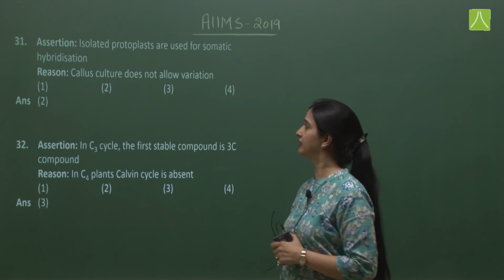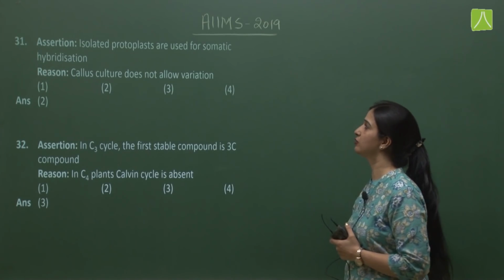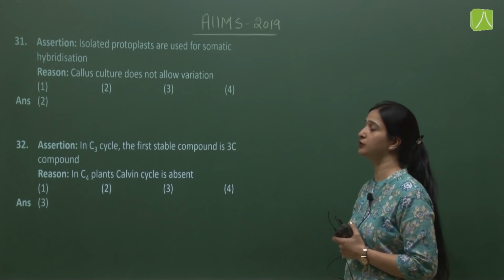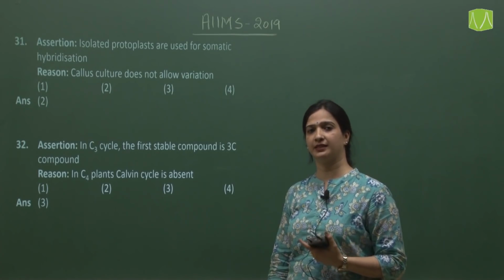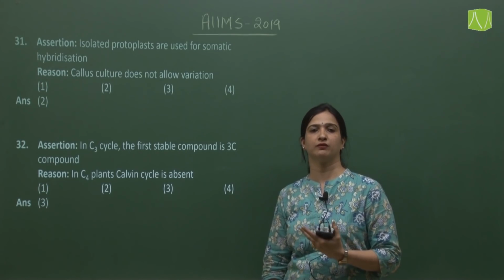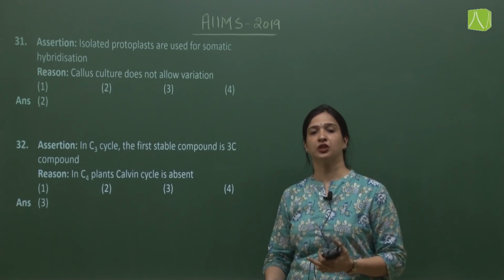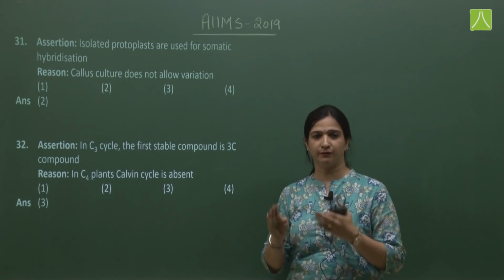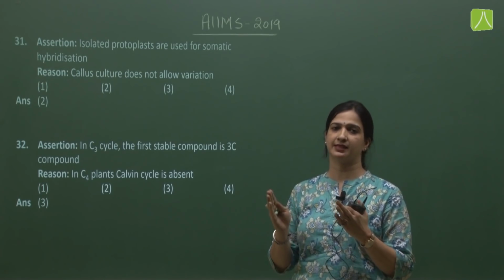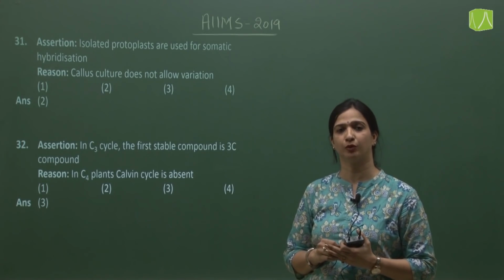Let us see question number 31. Here the assertion given is, isolated protoplasts are used for somatic hybridization. Firstly, we should know what somatic hybridization is. It is the process of formation of a somatic hybrid, in which two somatic cells are brought close to each other. Firstly, their cell wall is removed, and the cell without a cell wall is known as a protoplast.